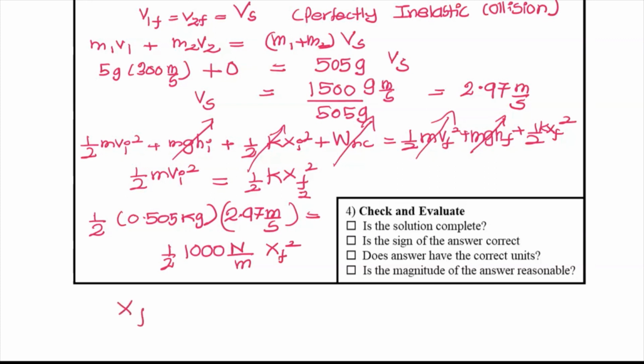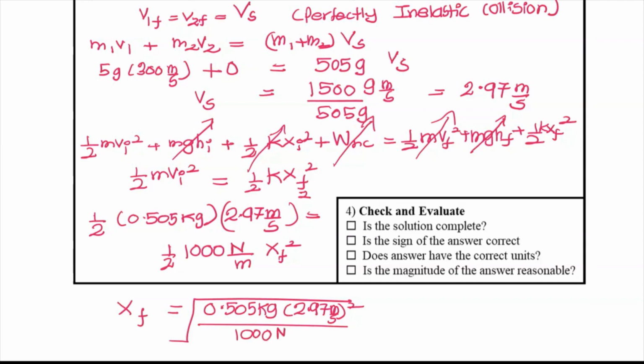The initial speed would be the speed of the system, 2.97 meters per second, which we calculated in the previous step. You just have to rearrange the equation and solve for the compression of the spring.